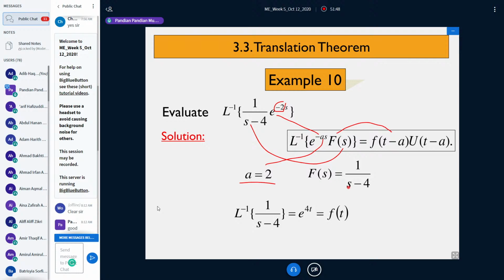So for the inverse Laplace, you have to check the inverse Laplace table, which is 3.2.